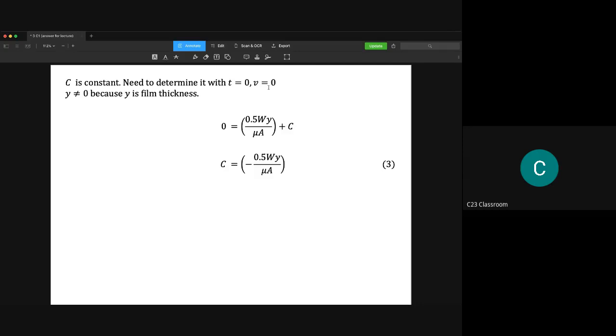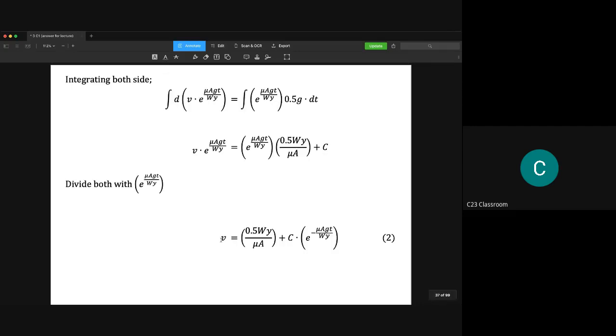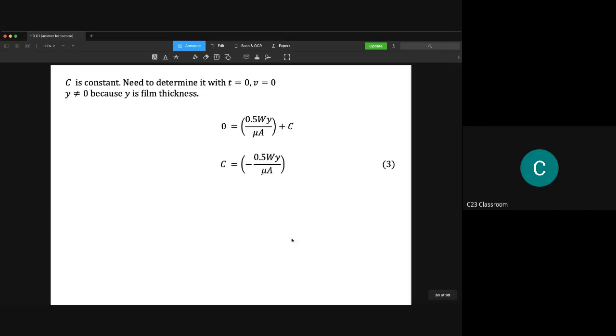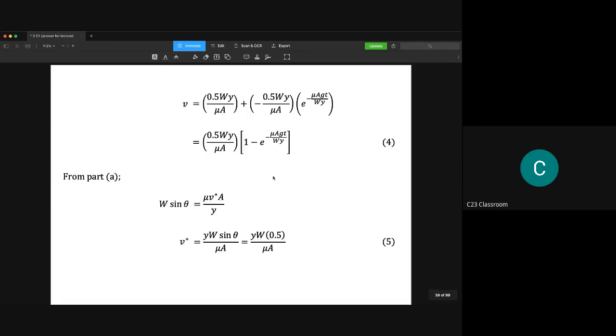So we substitute this value, and everything is 0, so v is 0 when t is 0. So we could get the value of c. The c here can be written as minus 0.5 w y over mu a. And then we substitute into the original equation. So finally we could say that v is actually this equation.